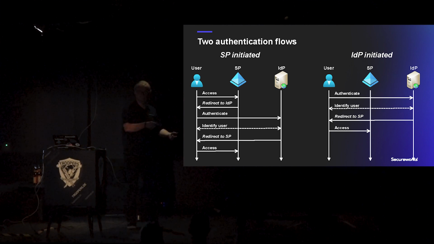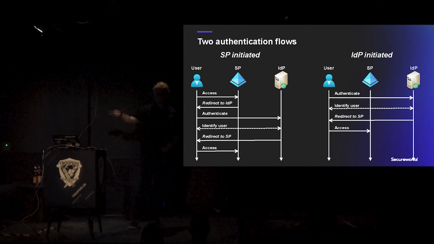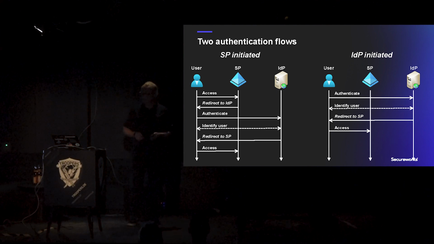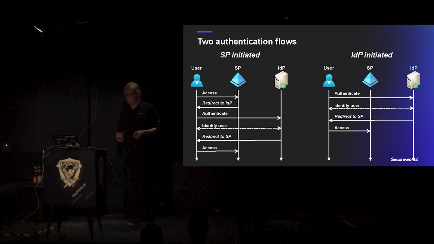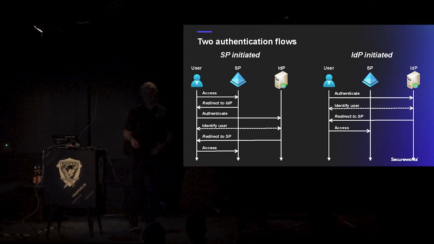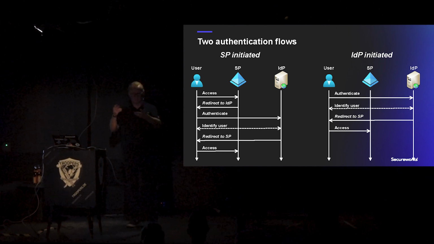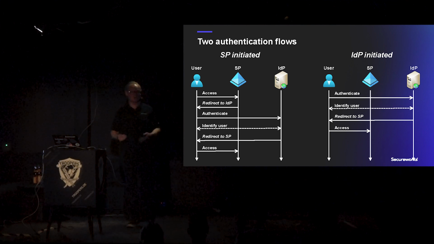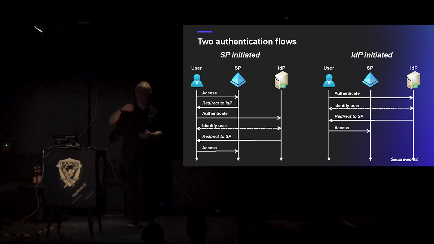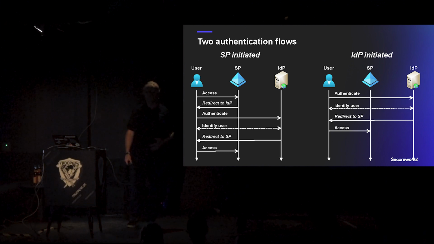Then you go there, you get the SAML token, and then you go back. That's the normal authentication flow. But Azure AD also supports the so-called identity provider initiated flow, which means you can just go to your on-prem ADFS server and say that I want to access this service, and it will create a SAML token for you. And with that, you can go to the service provider.